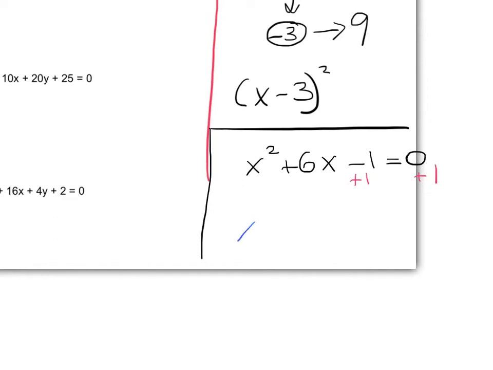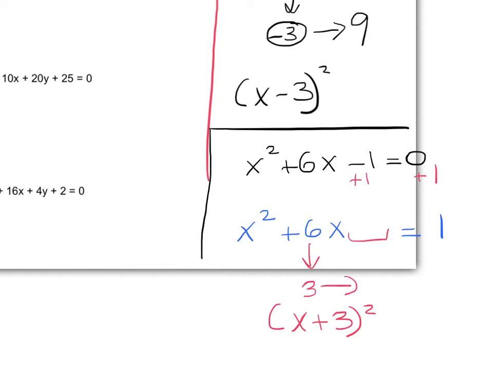So you get x squared plus 6x, leave some space, equals 1. Now, the middle term you divide by 2, so you get 3. So I know it's going to be x plus 3 to the power 2. To know what to add, you square it, and you know that you need to add a 9 over here. Now, remember, since this is an equation, we have to balance this.